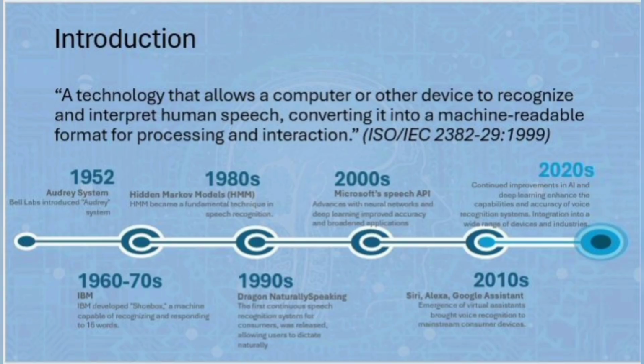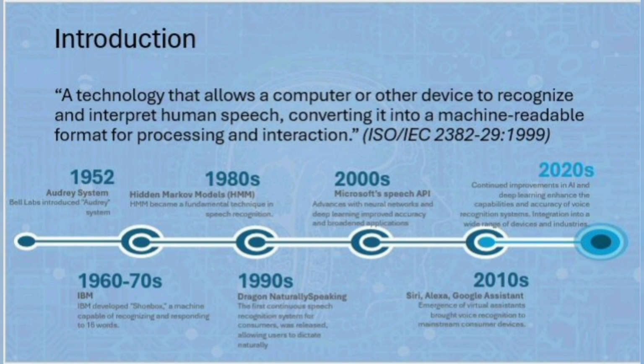So, first of all, starting with the introduction, according to the ISO standard, ISO IEC 238229 1999, voice recognition is a technology that allows a computer or other device to recognize and interpret human speech, converting it into a machine readable format for processing and interaction.